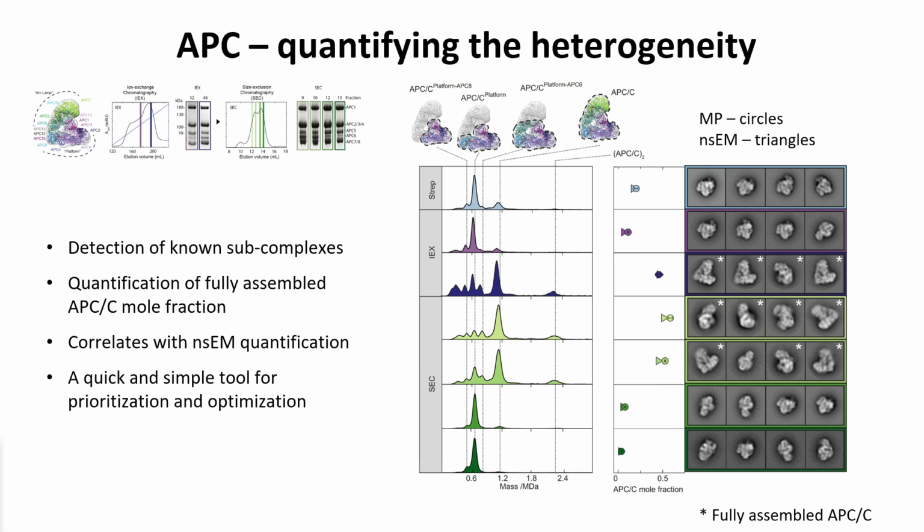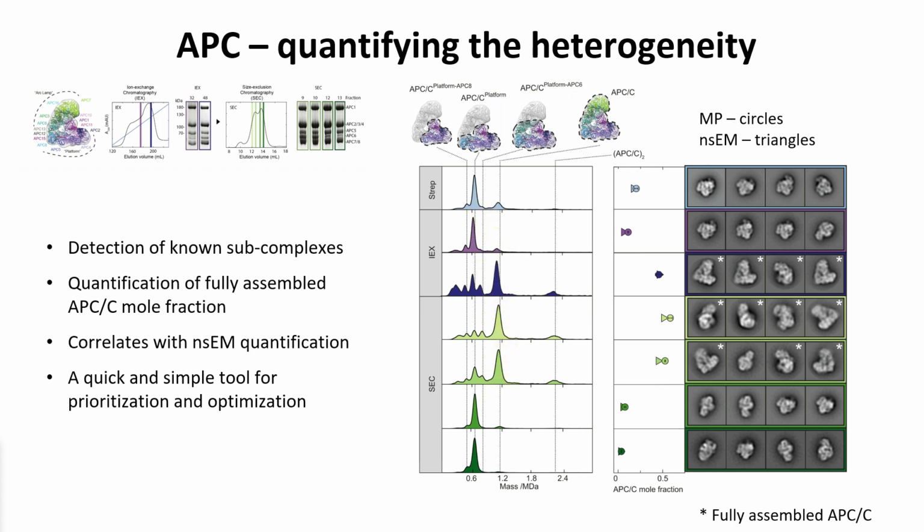So we took exactly those samples and measured them with mass photometry. And here are the mass histograms for the different elutions in the different steps. Already you can see clearly that the full complex and its abundance change from sample to sample.